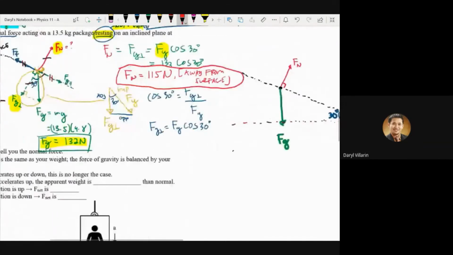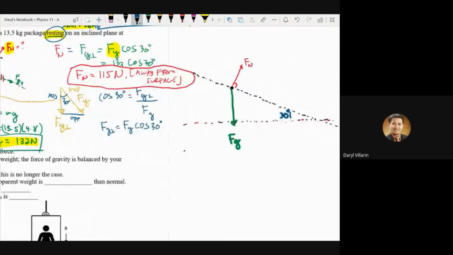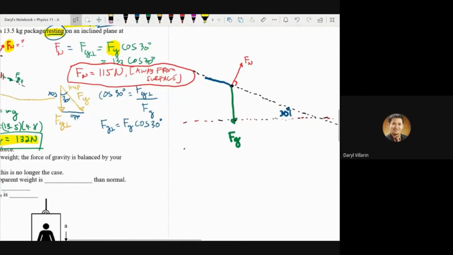We've taken note that you have friction, Ff, which is going upward, and your Fg in this particular case. Since your X and Y are also tilted, this is X and then this is Y.